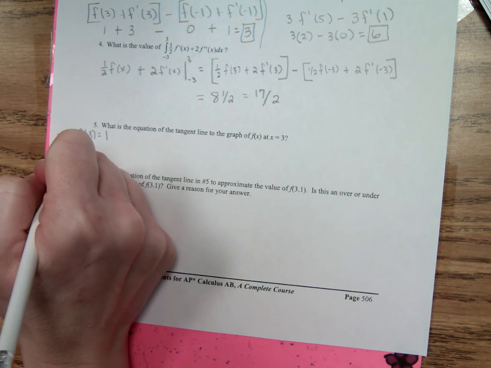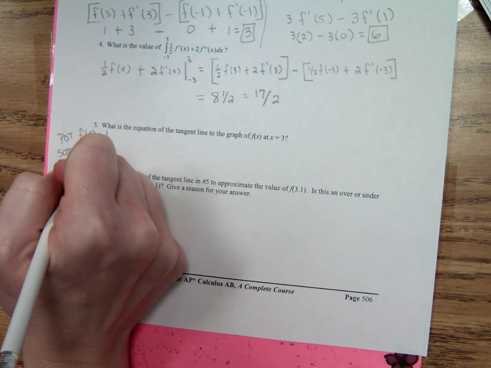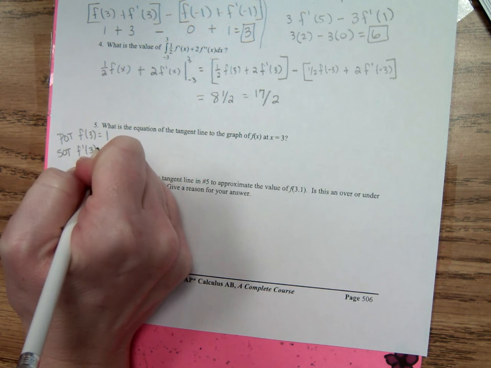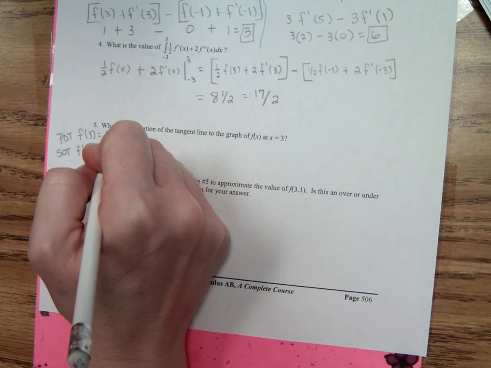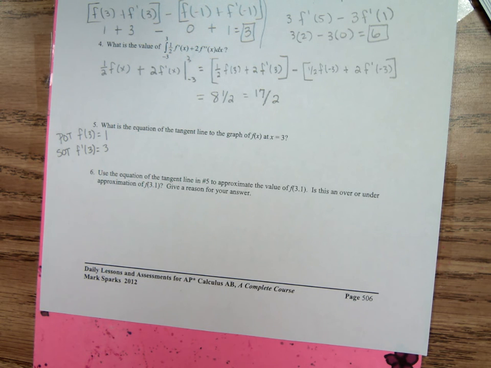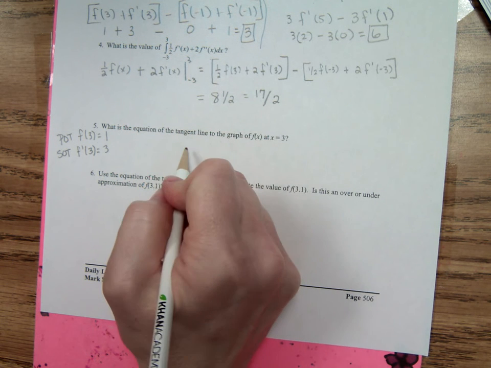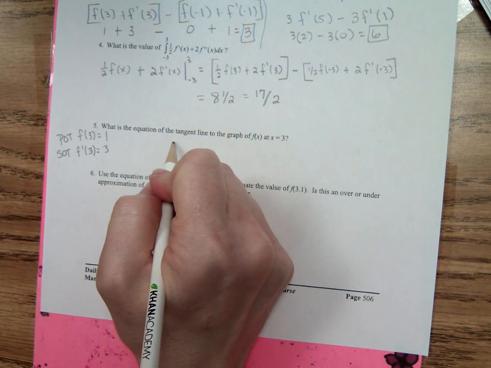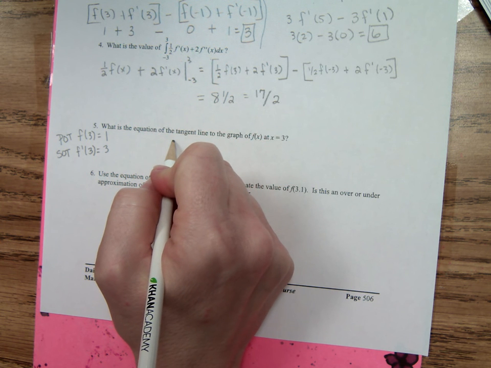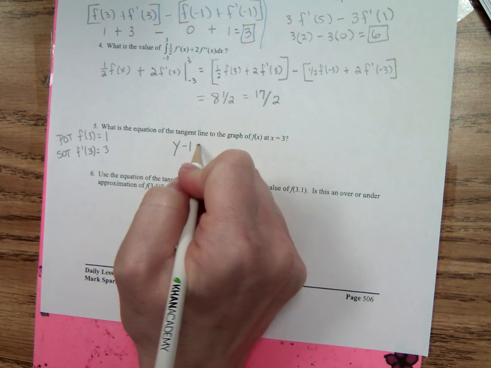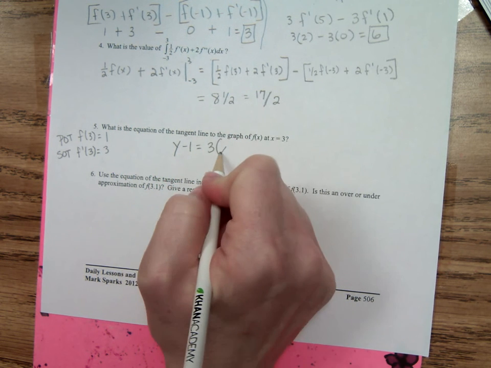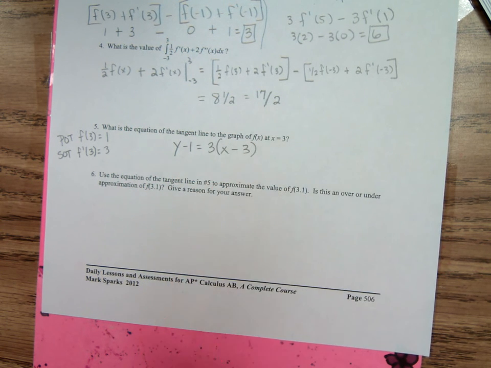And my slope of tangent, f prime of 3 equals what? 3. Okay. So what's the equation of the line? y minus 1 equals 3 times x minus 3. Yay! That is correct.